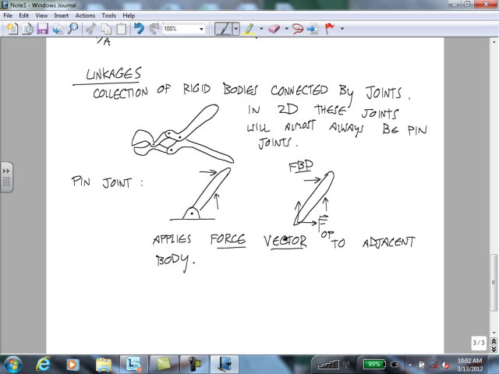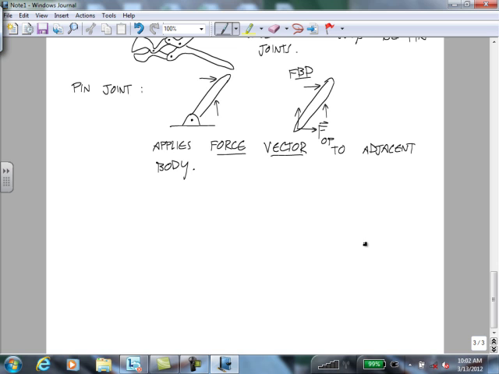What about a pin joint in 3D, by the way, using that same type of thinking? Let's see if I can draw that. Okay, so the pin goes through this way, and say that this is your x-axis, y-axis, and z-axis.